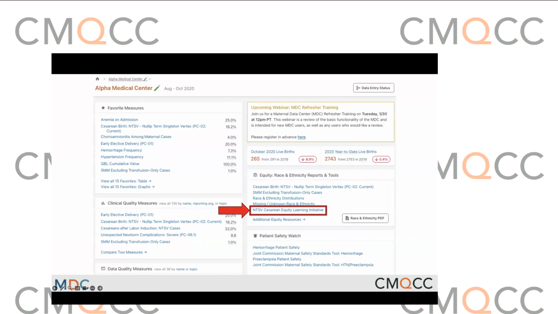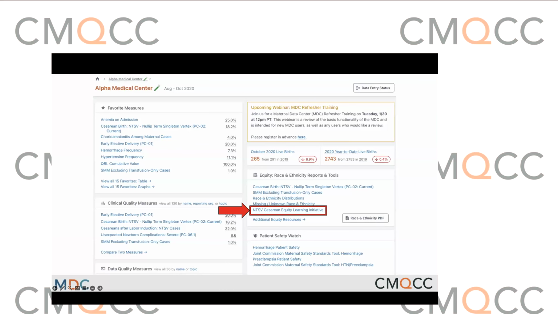When you do that, it's going to take you to what we call your hospital landing page. This is a fake hospital that we use at CMQCC to demonstrate different modalities of the Maternal Data Center. So this is Alpha Medical Center, and all the data is not real. But you can see there on the right-hand side, under what we call the Birth Equity Dashboard, you see the NTSV Cesarean Equity Learning Initiative.